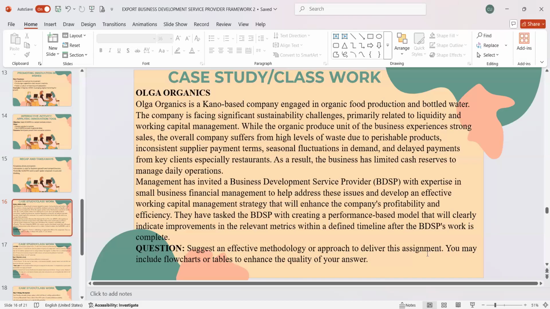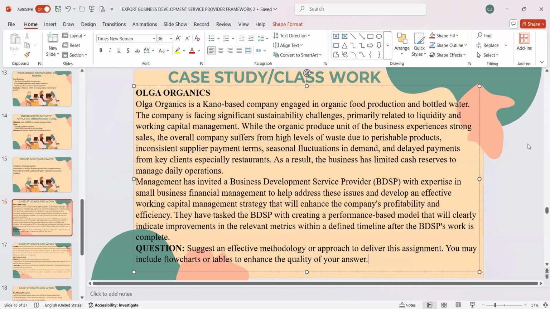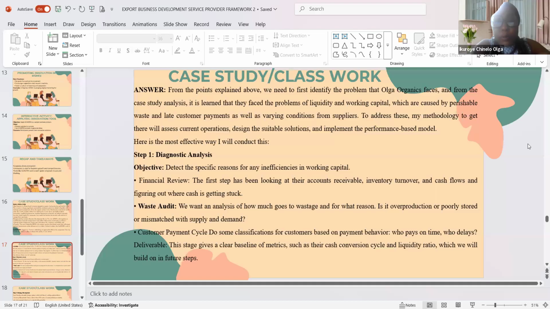Well, we are all correct. Our contributions are all correct, but from the case study analysis, it has learned that the company faces problems of liquidity and working capital, which is causing perishable waste and late customer payments, as well as varying conditions for supply.